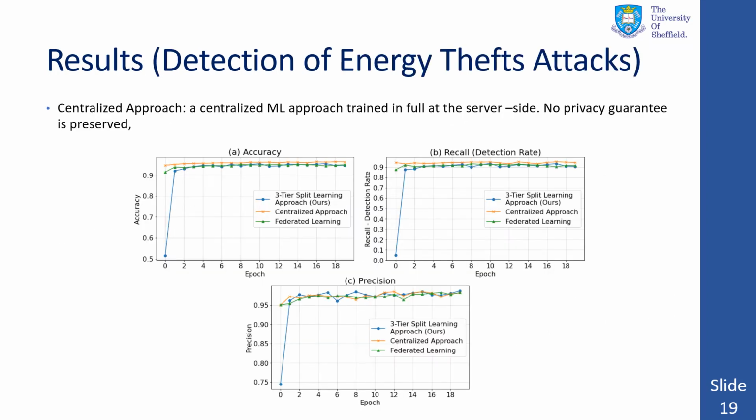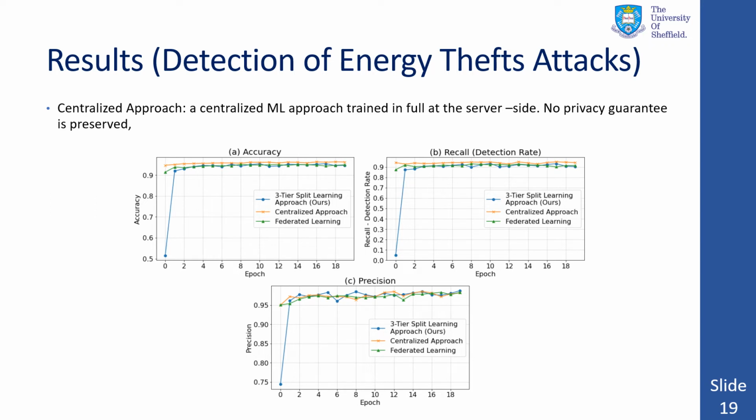This is the first set of results that we got in terms of energy theft attacks. We measured the accuracy, recall, or what is called detection rate, and the precision. In all of the experiments, we trained a neural network model through 20 epochs, and we compared it to the centralized approach and the federated learning approach.